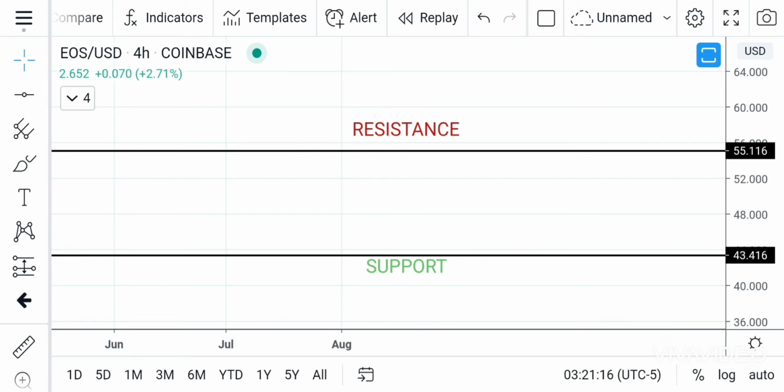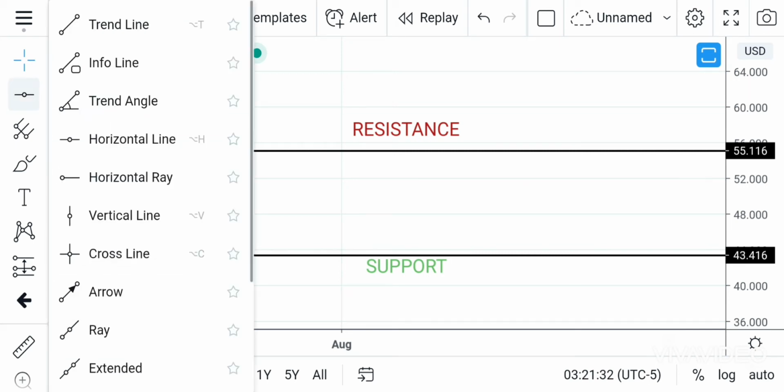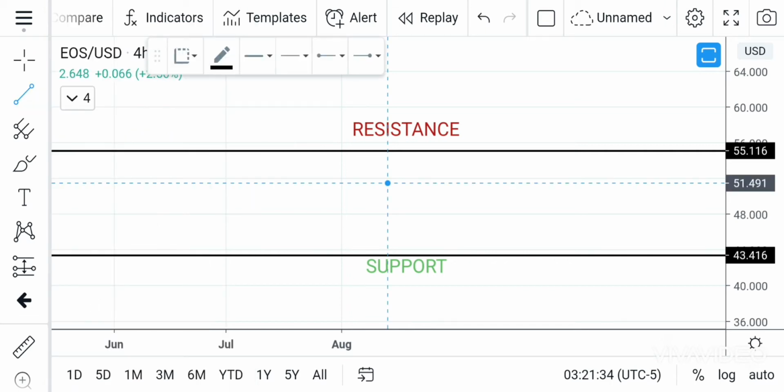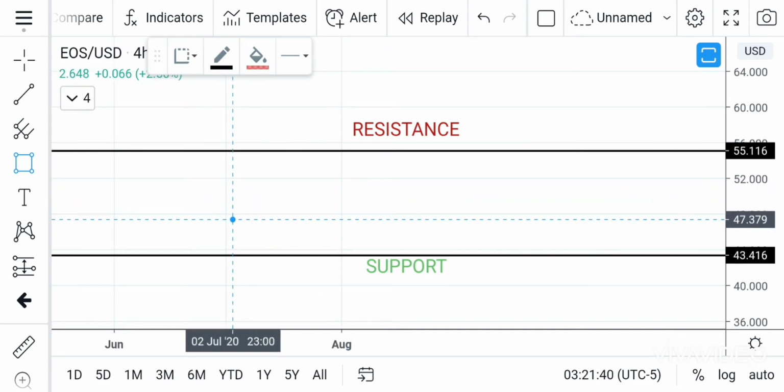So the first candlestick pattern I want to talk about is the bullish engulfing pattern. But before that, I want to talk about the two key important aspects of candlesticks. The first thing you want to note on your candlestick is the body of the candle, which is usually green or red.